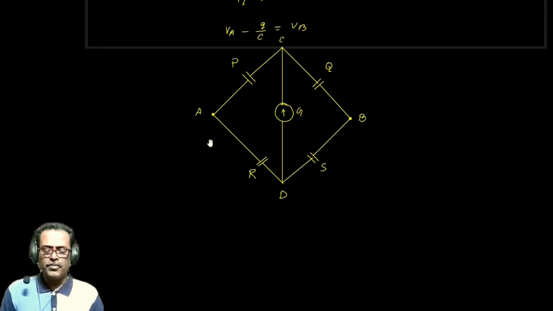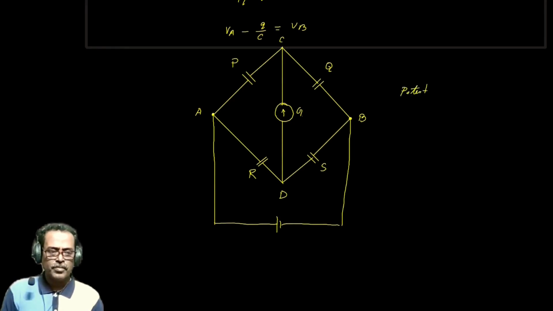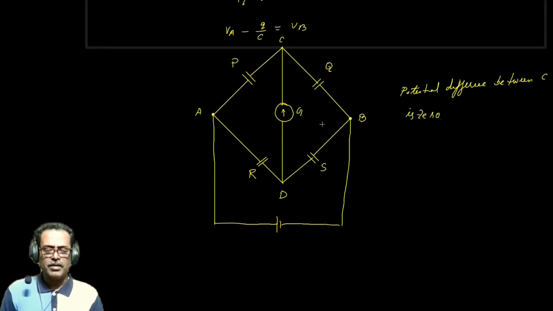In this way, if we connect 4 capacitors in such a way that the potential difference between C and D is 0, then we can say that the galvanometer deflection will be 0, no deflection of the galvanometer. So VC minus VD is equal to 0, which implies VC is equal to VD.